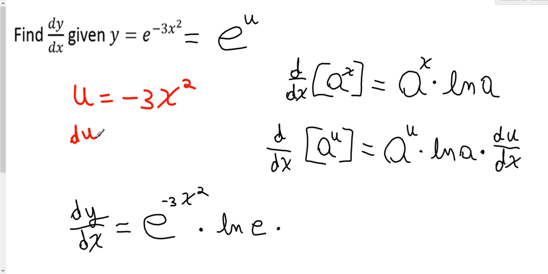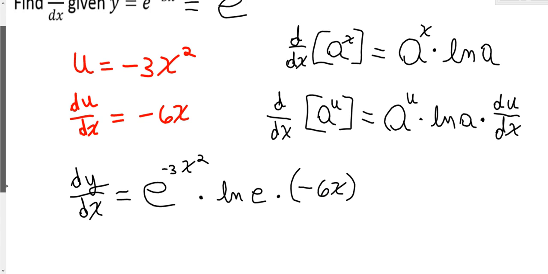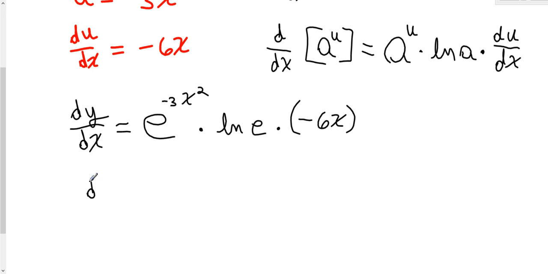Well, the derivative of u with respect to x is negative 6x. It's the derivative of this. So, therefore, we're multiplying by negative 6x. To rearrange this a little bit, I get dy/dx is equal to negative 6x.